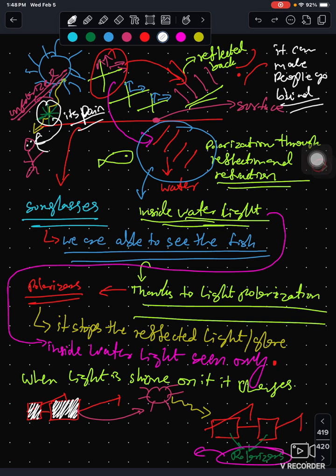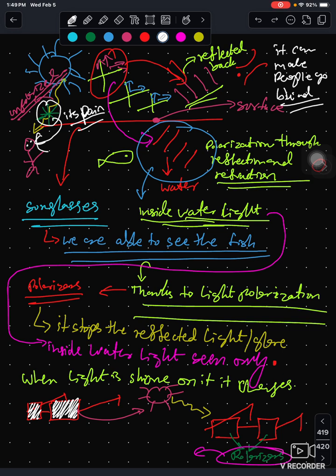When you wear sunglasses, the polarizers only give you a sufficient amount of sunlight to make your vision accessible without damaging your eye.